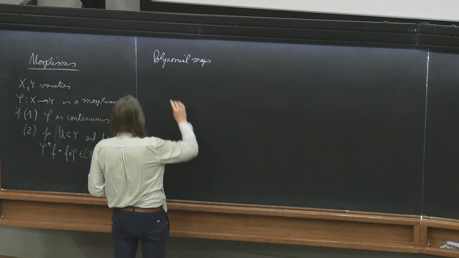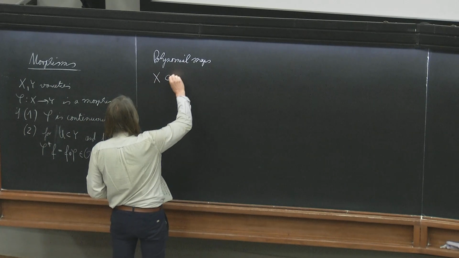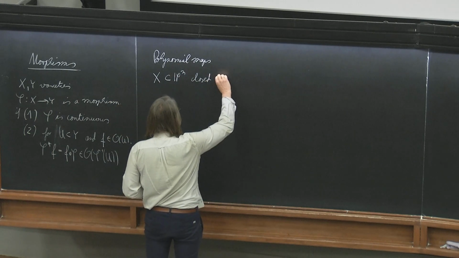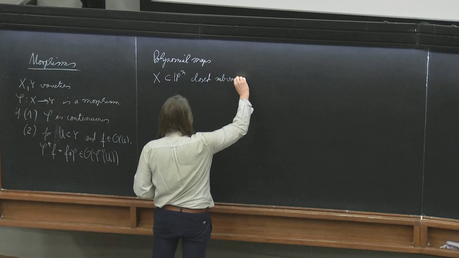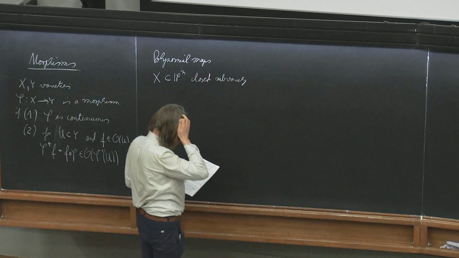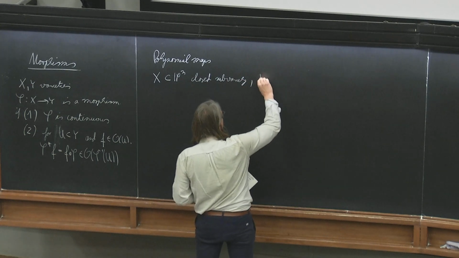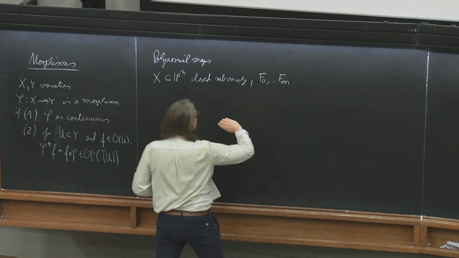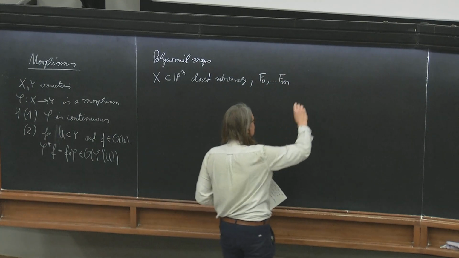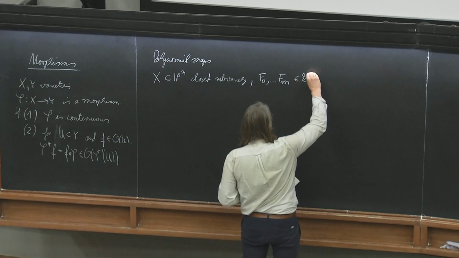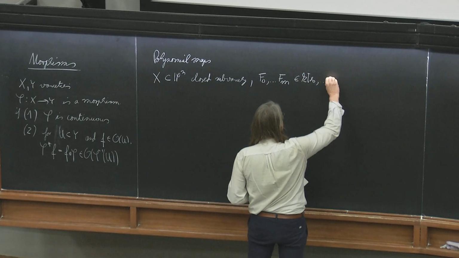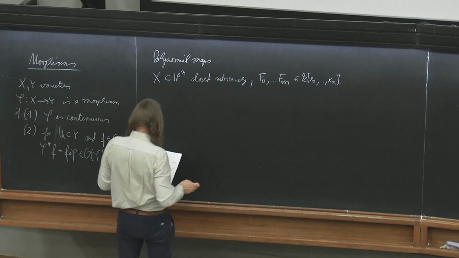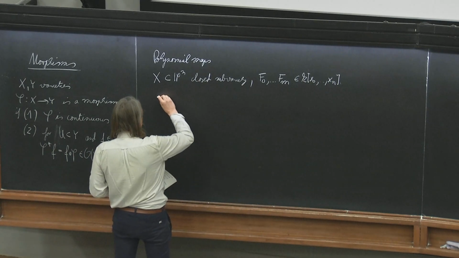This is just if X in Pn is a closed subvariety, and we have some polynomials f0 to fm in the coordinates of this first projective space, homogeneous of the same degree.